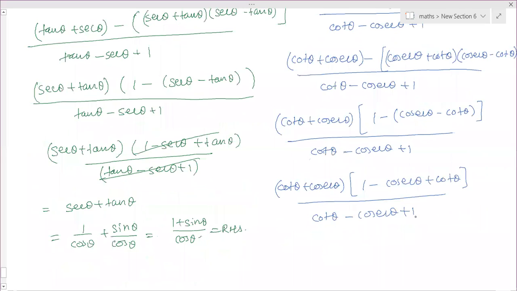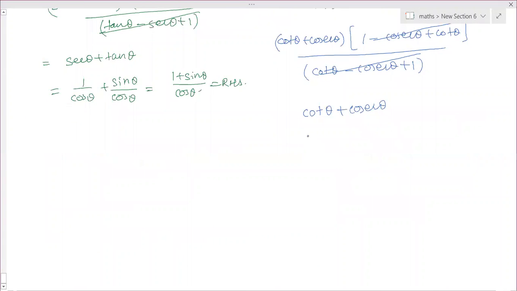Yes, ma'am. Got it, ma'am. Where have you made the mistake? Ma'am, instead of 1 minus cos, I took it as minus 1 bracket. This thing, ma'am. Common, I took it as minus 1 by mistake. Finished now.